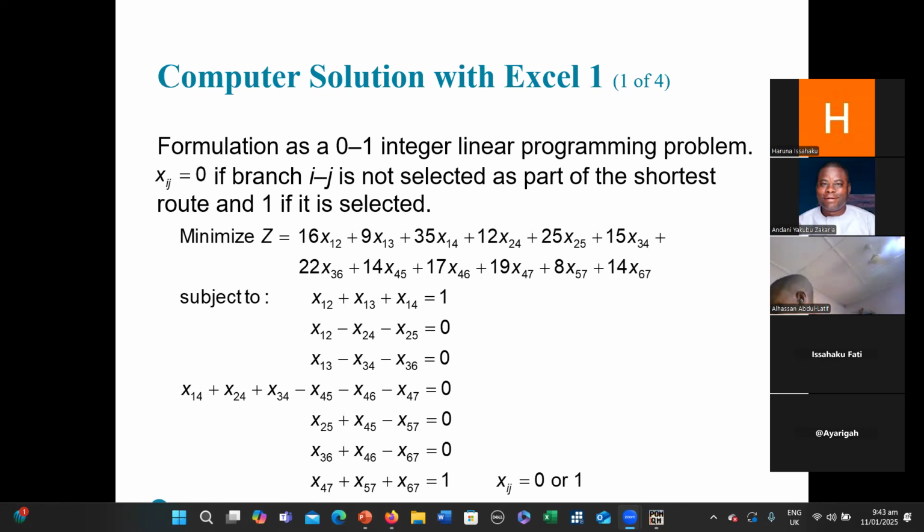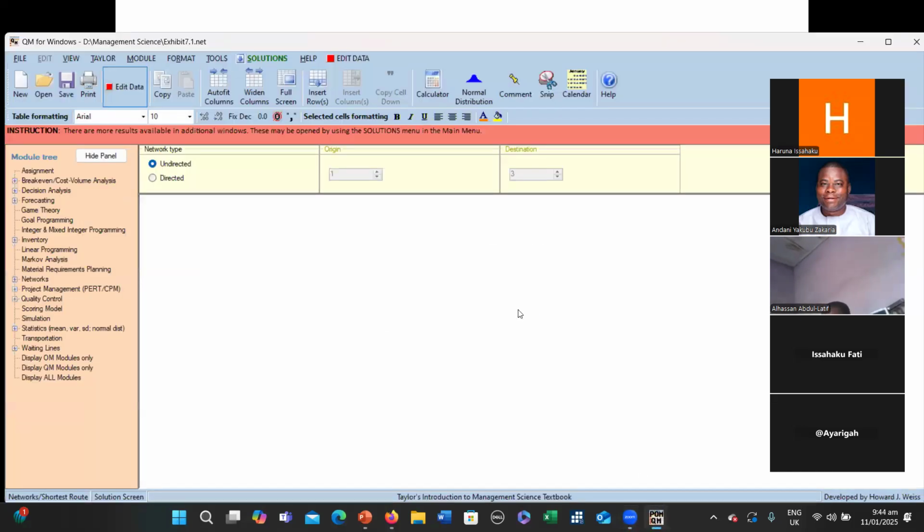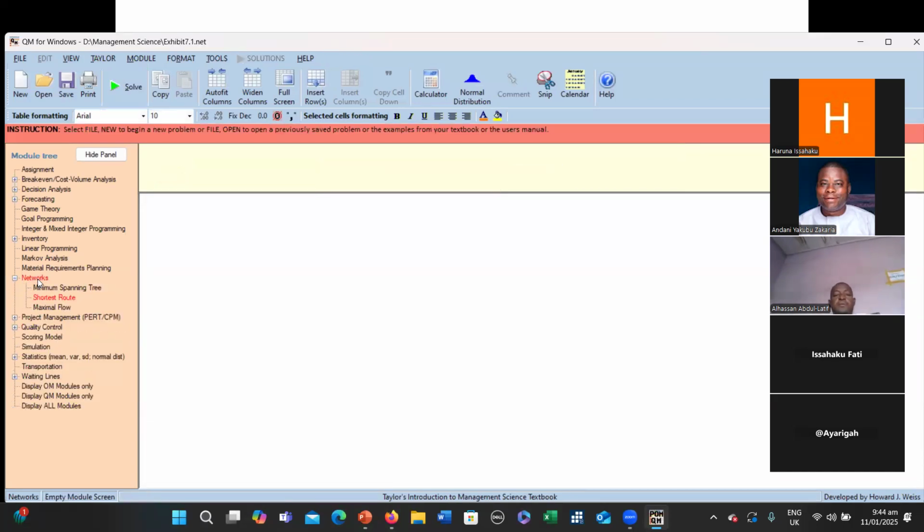Somebody is saying I should go over the QM. For the QM, I think it is quite straightforward. As I indicated, if you open the QM for Windows, you look for networks. So networks here.